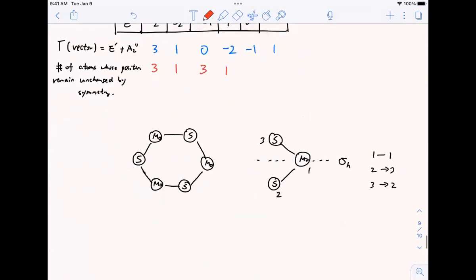Okay, this is a C2. What does it mean? That means you draw a line here, and then you make a rotation like this, a 180 degree rotation. So can someone tell me what is the number?